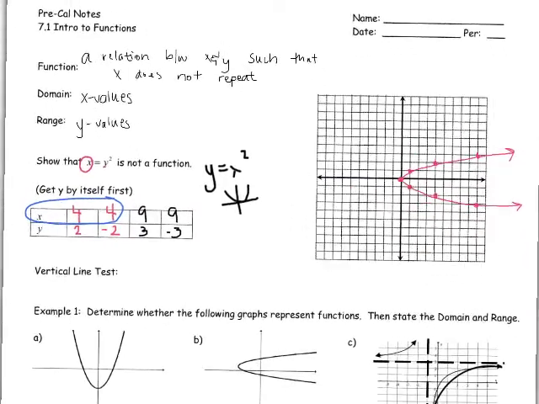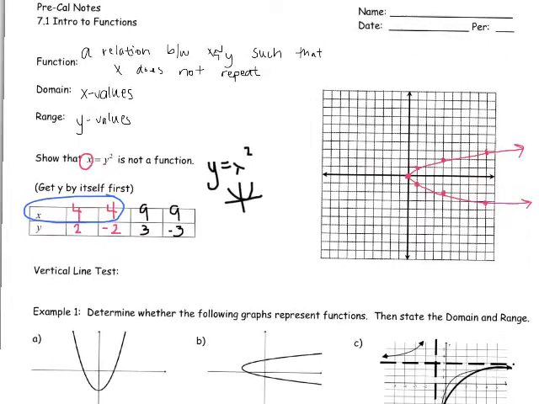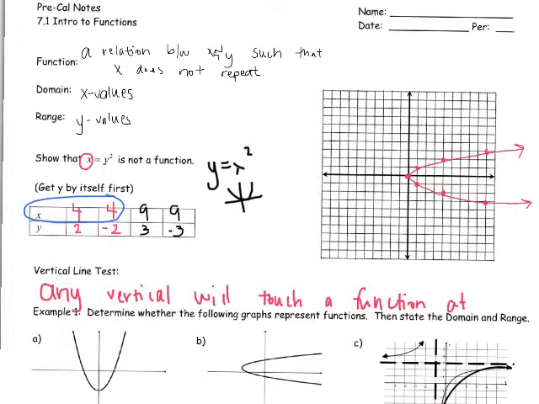Okay, and this is a great example to show you the vertical line test, because the vertical line test says any vertical line will touch a function at most once. And the reason why I say at most once is because it's okay if it doesn't touch it at all, but if it does touch it, it's not allowed to touch it more than one time.